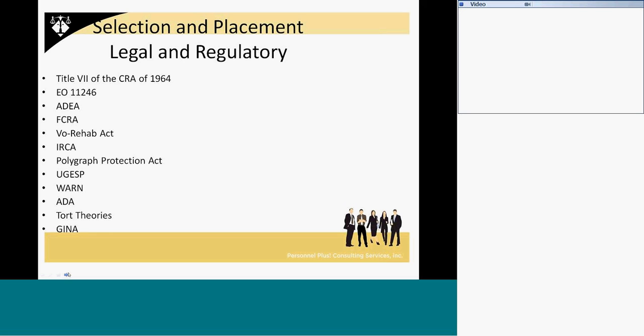First of all, we have the ever-popular Title VII of the Civil Rights Act of 1964. It's applicable to employers that have 15 or more employees. It prohibits discrimination based on 5 grounds: race, sex, color, national origin, and religion.